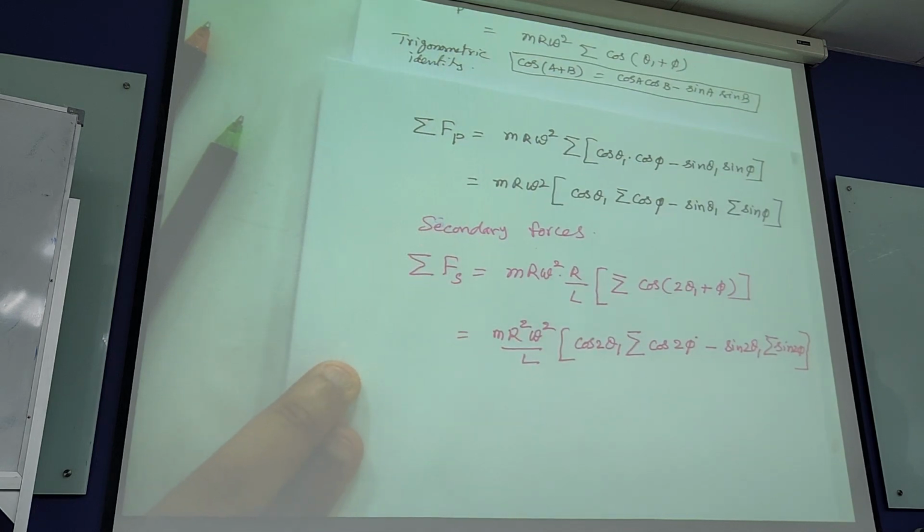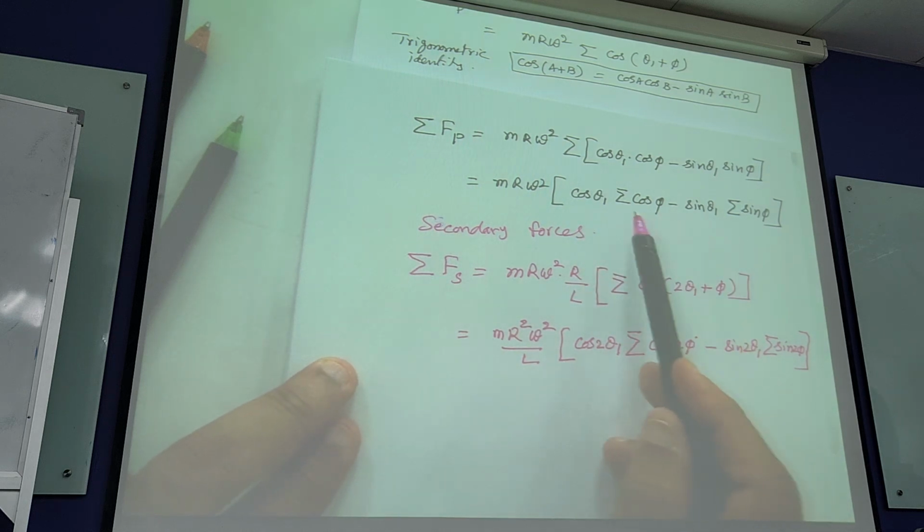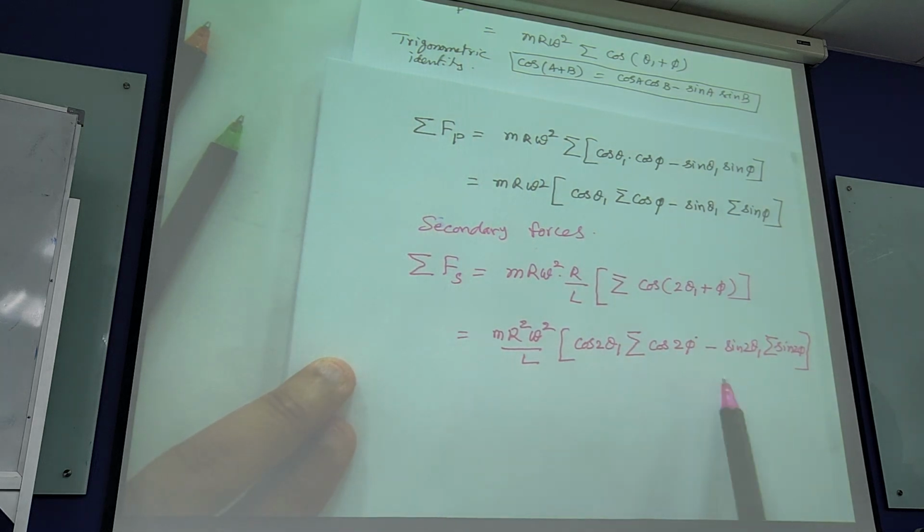Just like the primary forces, we can also write this for the secondary force, with 2 phi.